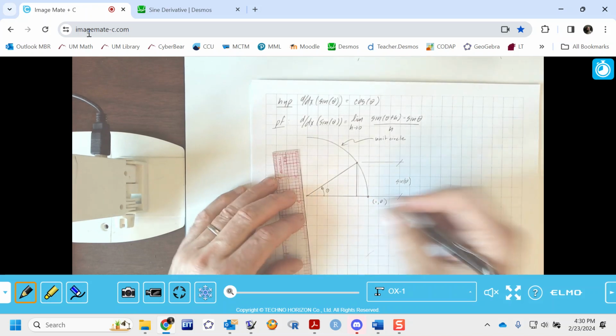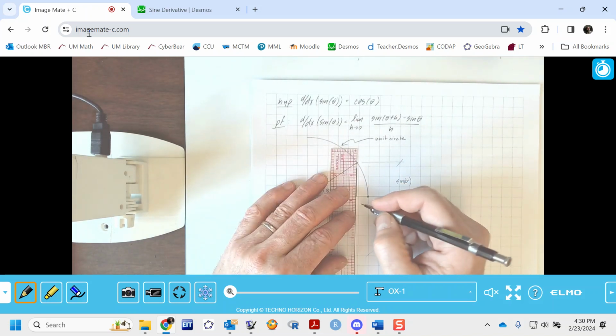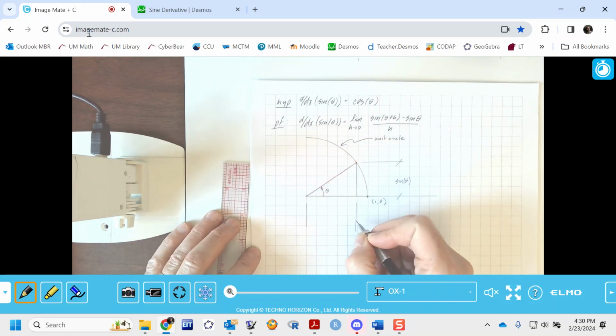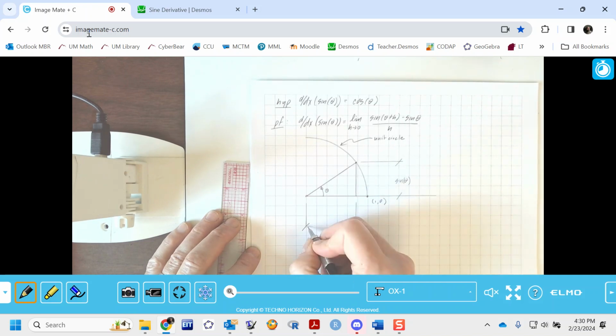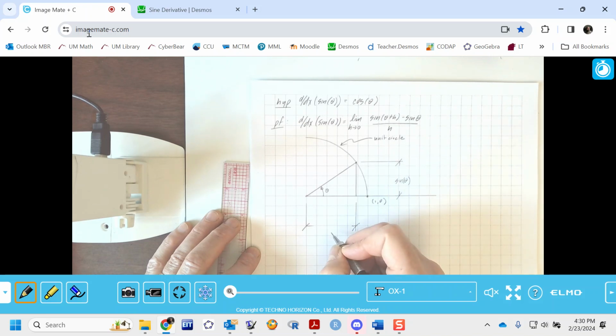And this distance right here, I'll do it here and here, that's going to be cosine theta, right? Yep.